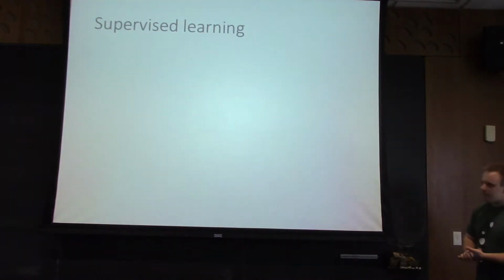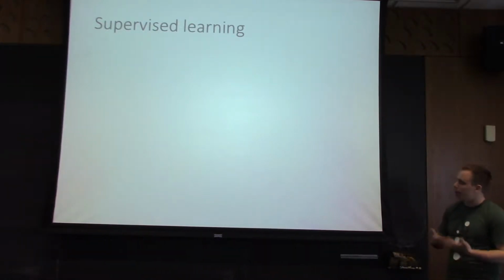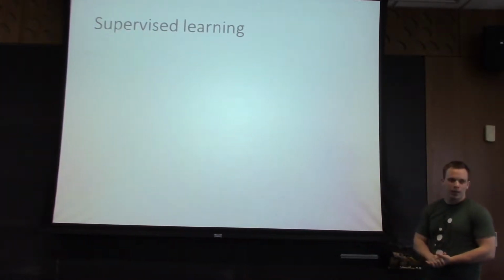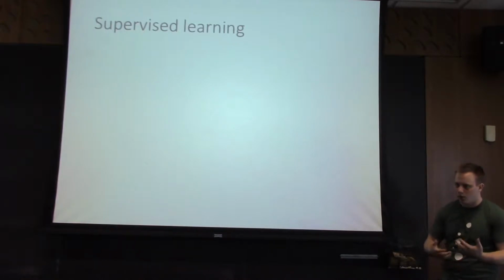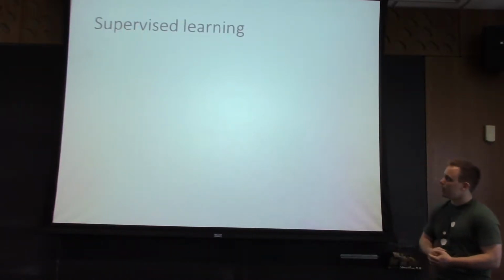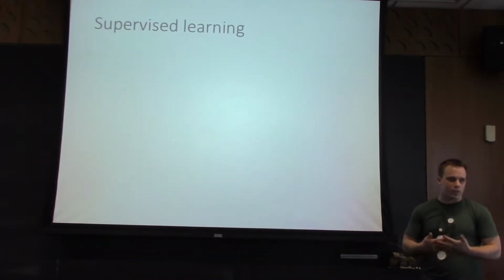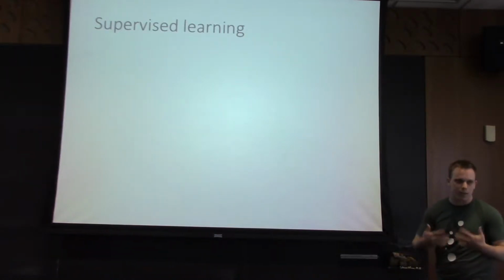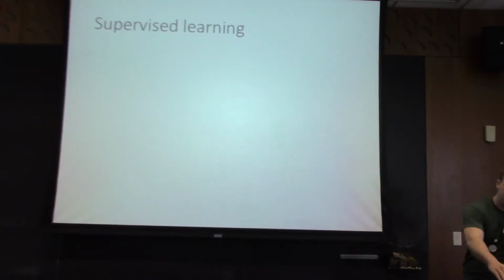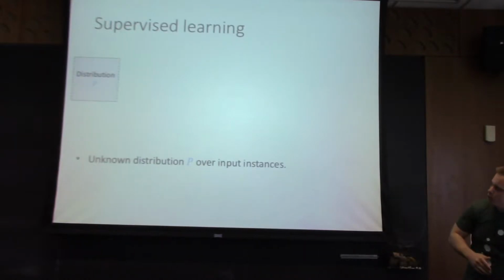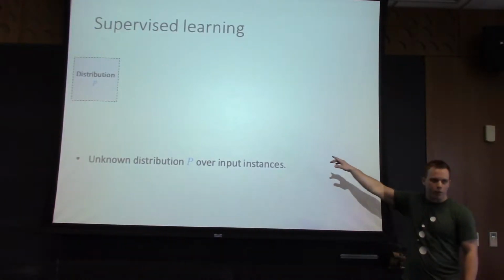If we're going to say anything formal about algorithms for classification learning, we need to fix a formal model for how all the components of the problem should behave. So today we're going to be talking about statistical supervised learning, which takes a probabilistic approach to modeling each of these things. We assume that there's some unknown distribution over input instances.